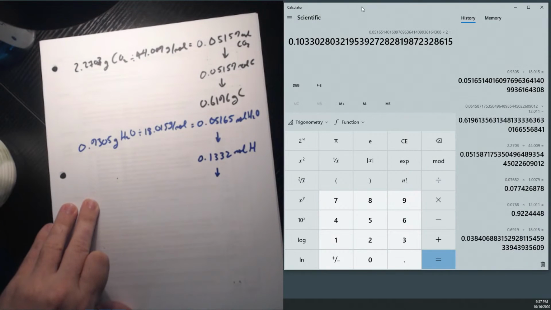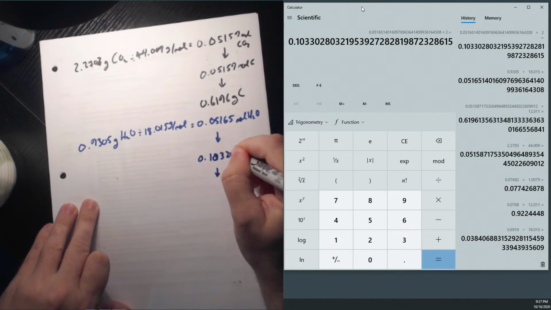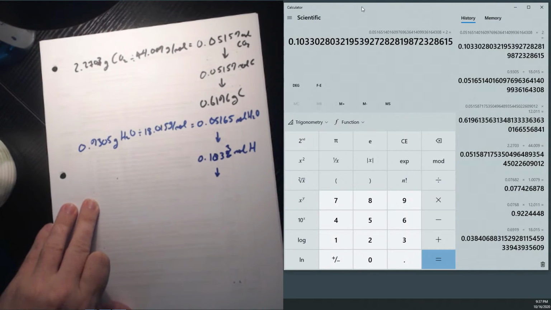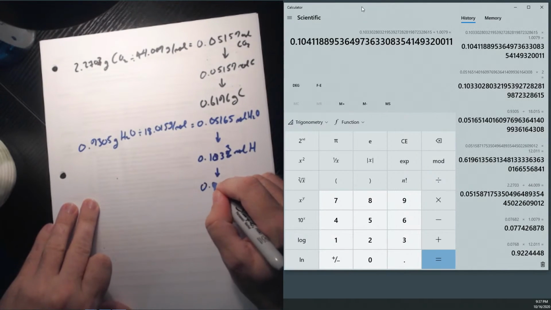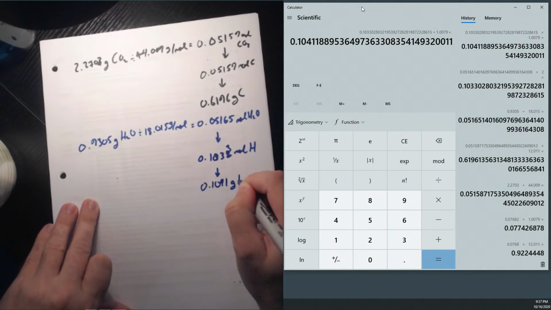I could have just done that. Wow. Okay, I screwed that up horribly. That's why you don't do math in your head, people. Then we multiply that by 1.0079 to get the mass of hydrogen. We have 0.1041 grams of hydrogen.